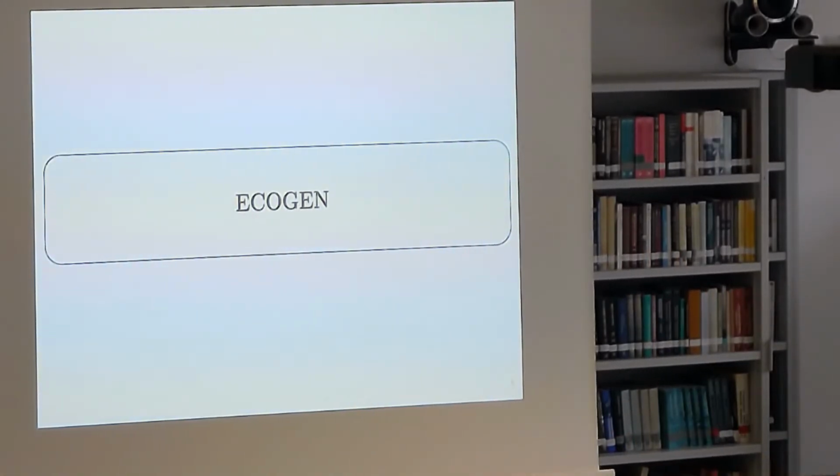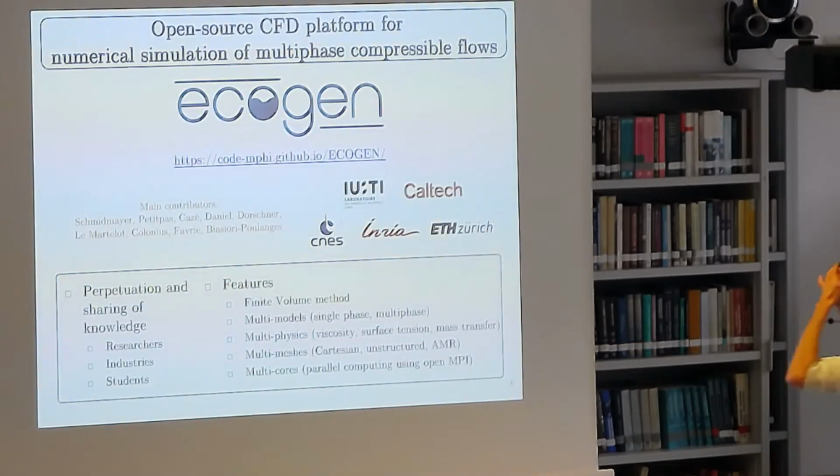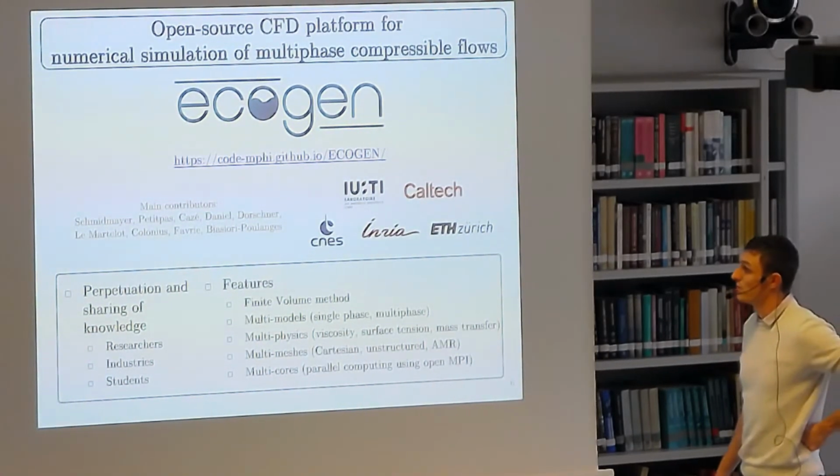Just a little bit about ECOGEN. I will be short on this, but all the results I will present are based on the software ECOGEN, which is a software that I've been developing for years now, which is a collaboration between different institutes.